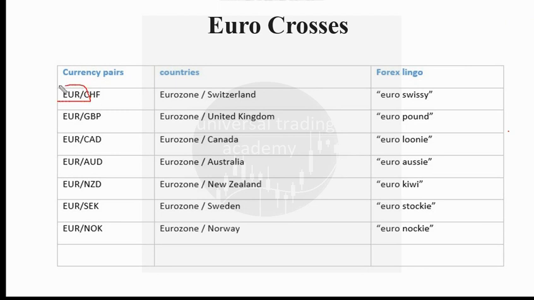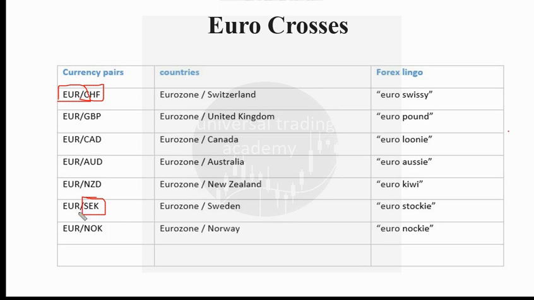For Euro crosses, one of the components is Euro and the other one is either one of the major currencies except for the US dollar, or currencies from major economies which are not included in the 8 major currencies.